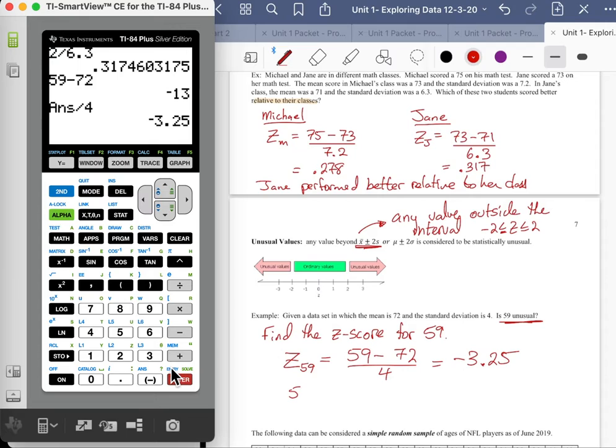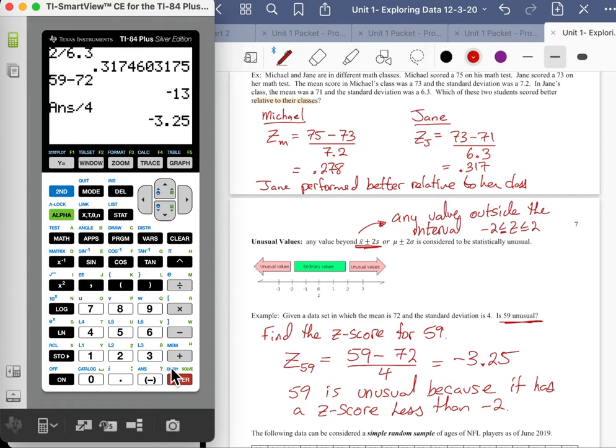So 59 is unusual because it has a z-score less than -2.